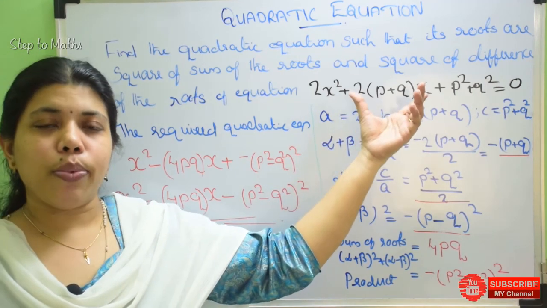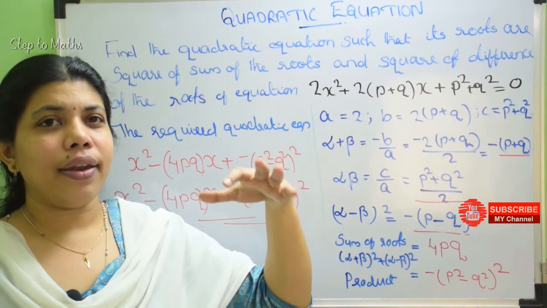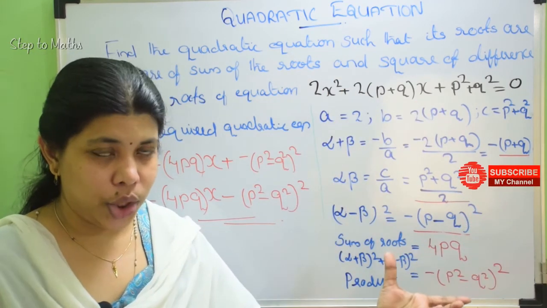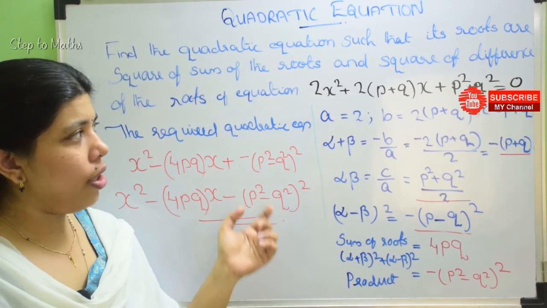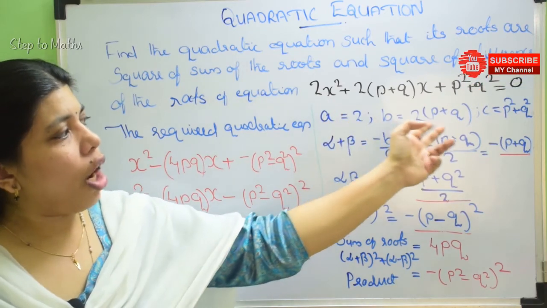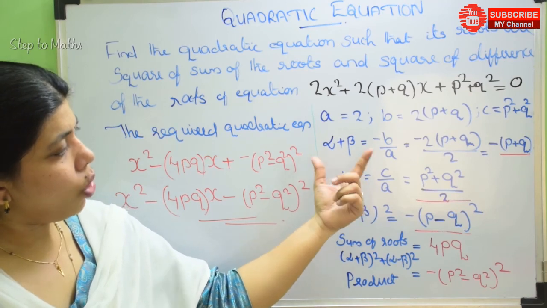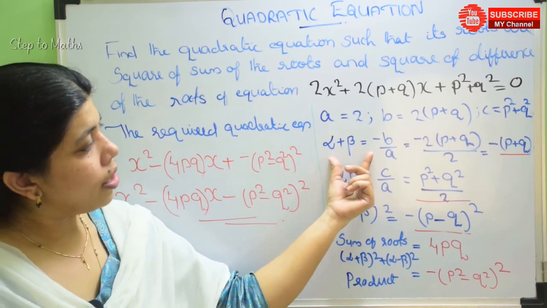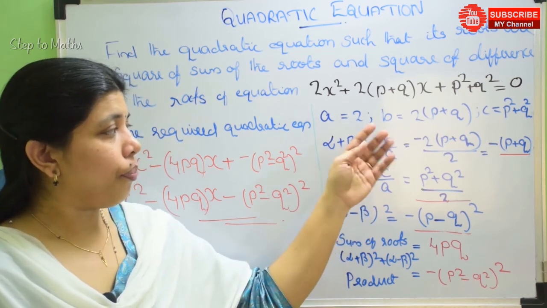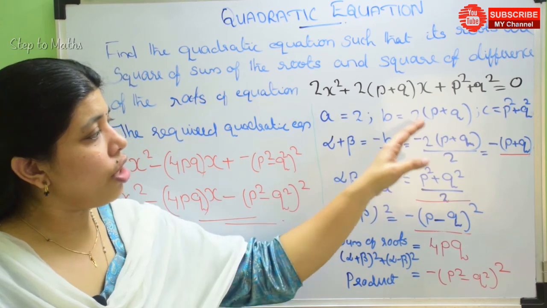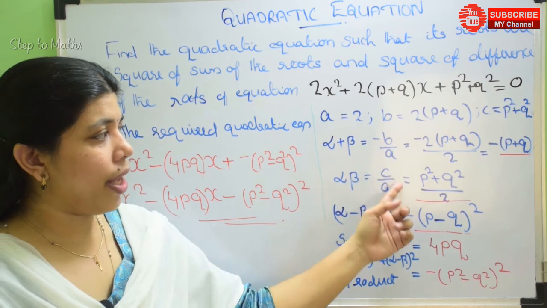One quadratic equation is given and we have to find another quadratic equation. How do we form the required quadratic equation? First, we write down the coefficients of the given quadratic equation, and from that we write the sum of roots and product of roots using the relation between the coefficients. Sum of roots is equal to minus b by a.